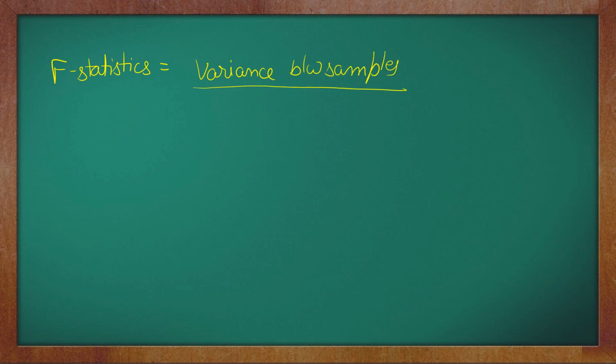So put the values in the F statistic. The F statistic formula is variance between samples divided by variance within samples. Between samples we got 20 and within 5.